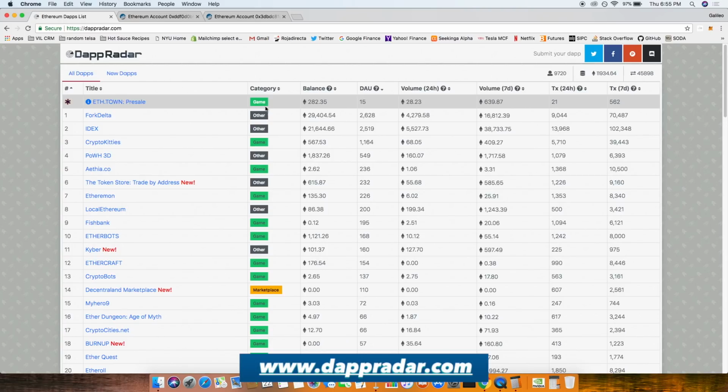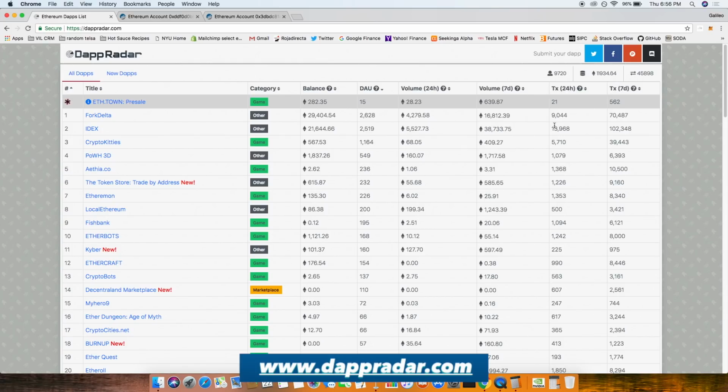So category, what type of thing it is. Balance, how much ETH is being held in the contract itself. DAU, daily active users, how many people are using it daily. Volume, the amount of ETH that has passed through this contract in the past 24 hours, and ETH that's passed through this contract in the past 7 days.